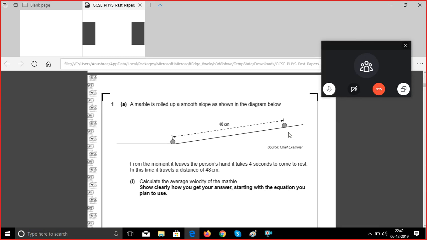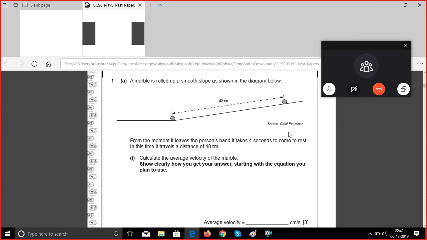A marble is rolled up a smooth slope as shown in the diagram below. Okay, this one. So velocity is distance over time.